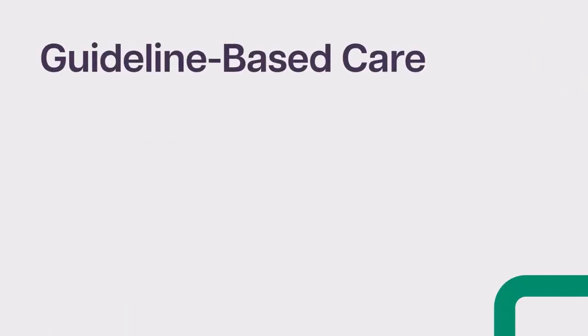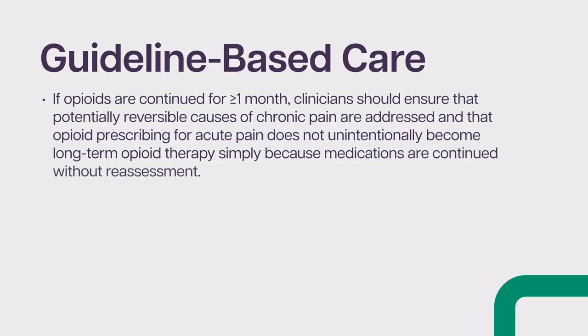Occasionally, a patient will be started on opioids for acute pain, and then the duration will drag on for 3-4 weeks. At this point, you have to be careful that the patient isn't transitioning into more of a subacute or chronic pain picture. Look for reversible causes of chronic pain, and make sure that your opioid prescribing for acute pain does not unintentionally become long-term opioid therapy simply because medications were continued without reassessment.